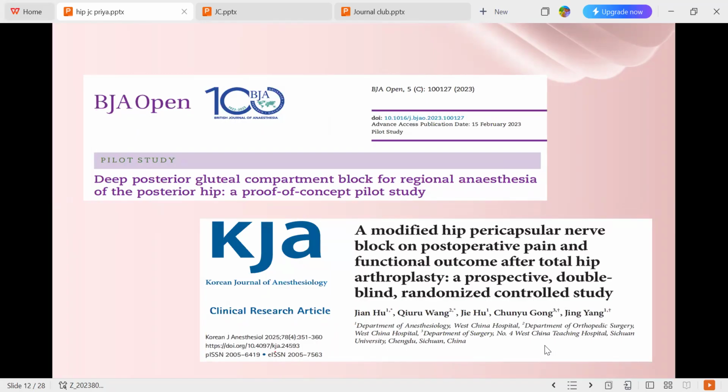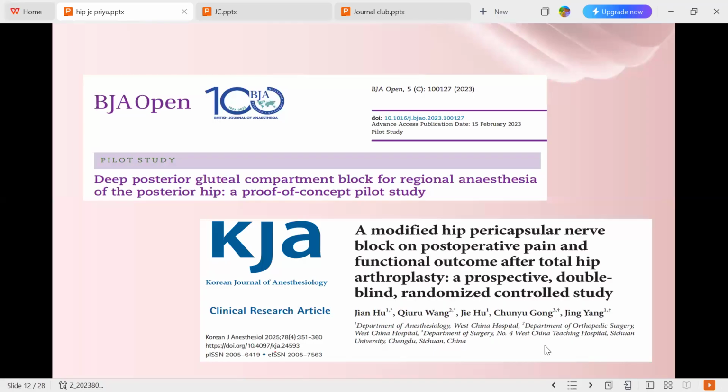In the cadaveric study, they gave 20 ml of dye and looked at which nerves were blocked. The superior gluteal nerve, inferior gluteal nerve, sciatic nerve, nerve to quadratus femoris, and even the posterior cutaneous nerve of thigh were stained. In the case reports, there was also involvement of the sciatic nerve and posterior cutaneous nerve of thigh.